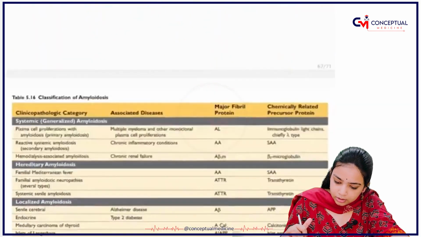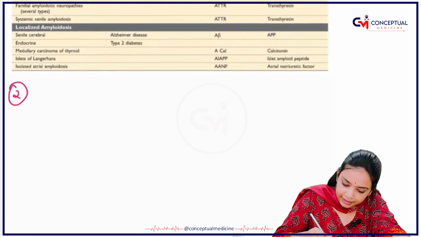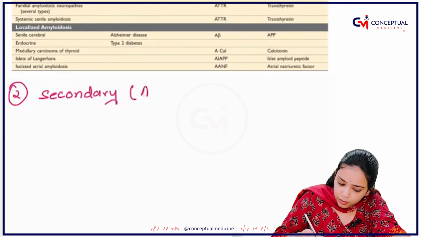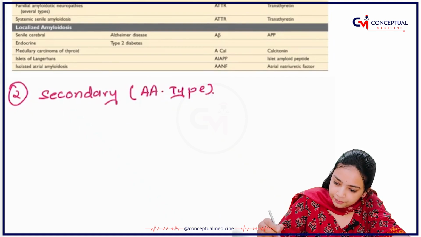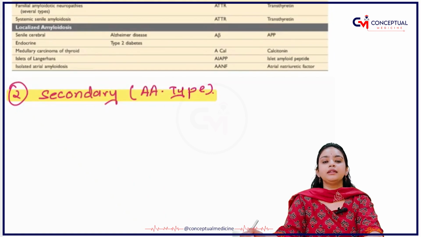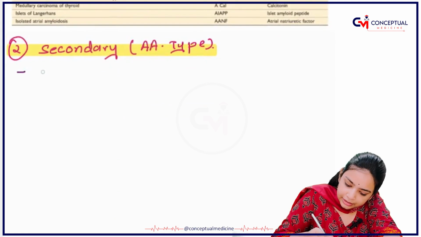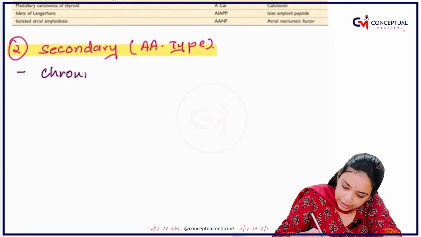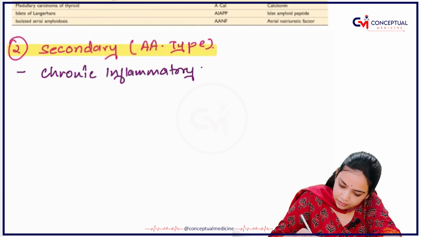Next, coming to the secondary one. Secondary is also called the AA type. In the secondary, you basically have chronic inflammatory diseases. What are they?